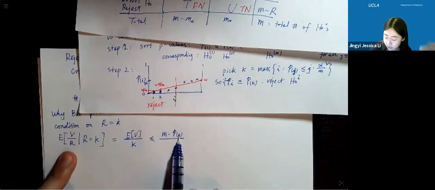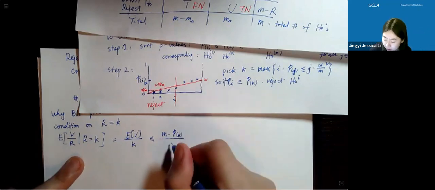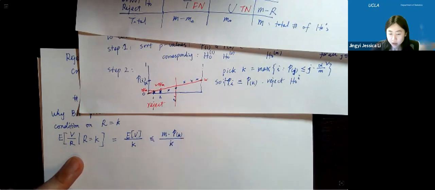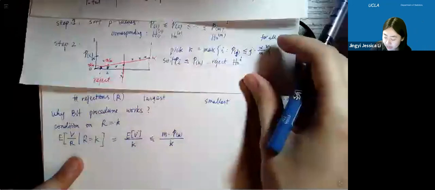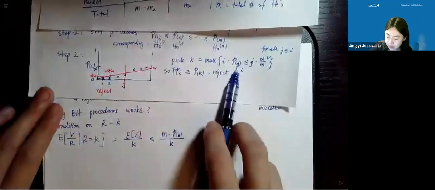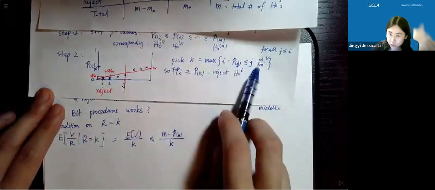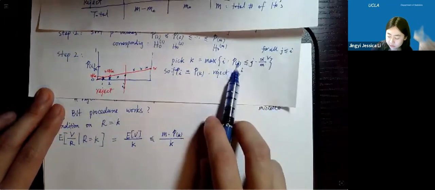And then I divide this by k. Finally, p_k itself must satisfy the criterion by comparing its value to the line.